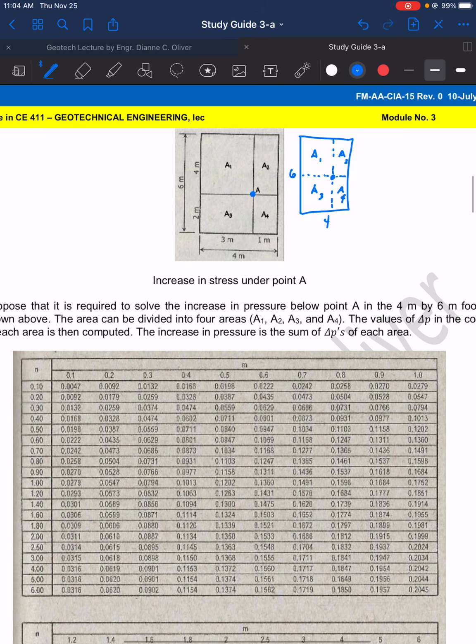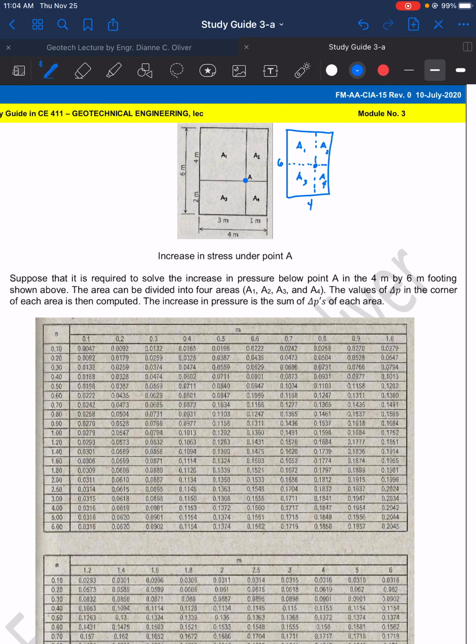What will happen here is that, okay, suppose that it is required to solve the increase in pressure below point A in the 4 meter by 6 meter footing shown above. The area can be divided into 4 areas, A sub 1, A sub 2, A sub 3, and A sub 4.